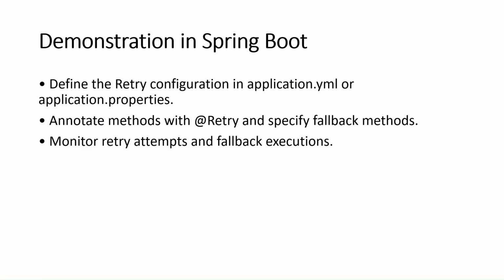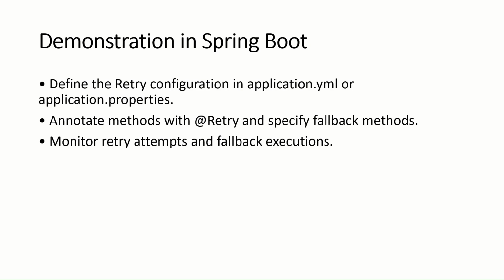Going to the next slide, let's demonstrate this whole thing in a Spring Boot application. We are going to create one Spring Boot application and try to call the third-party API there, and how we can manage these failures, we are going to see through the practical implementation.